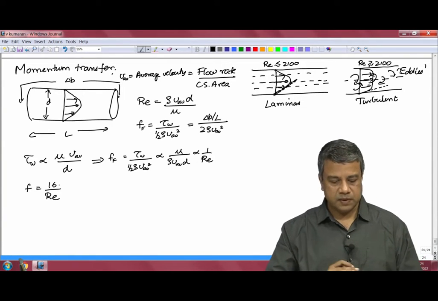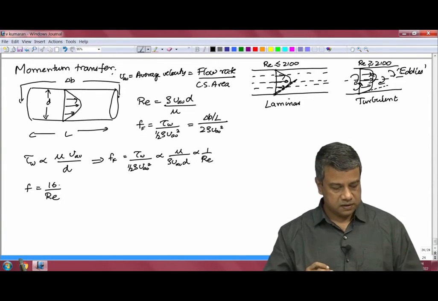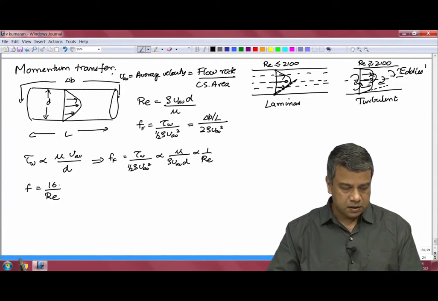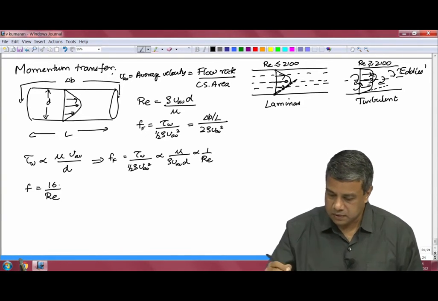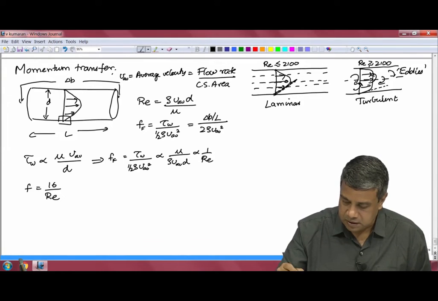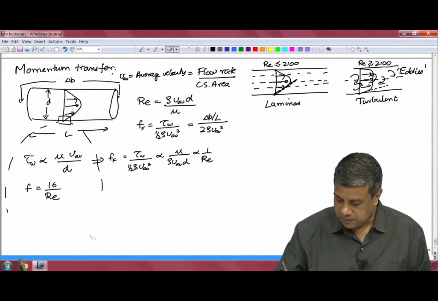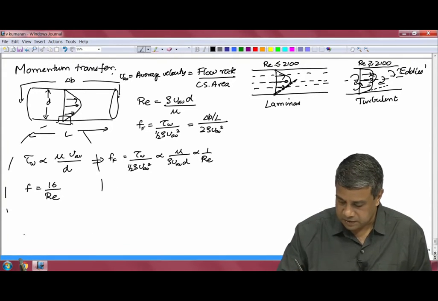It also depends upon what is called the roughness coefficient for the wall, the wall roughness. The reason is that if I look closely at the region close to the wall of the pipe, a real pipe wall will have some roughness.